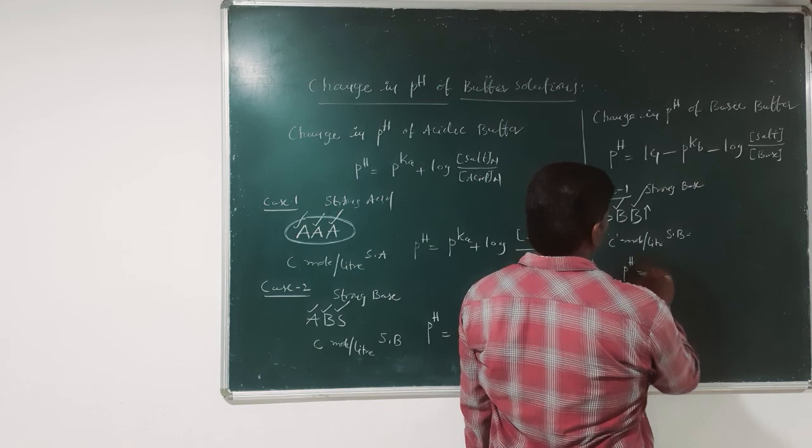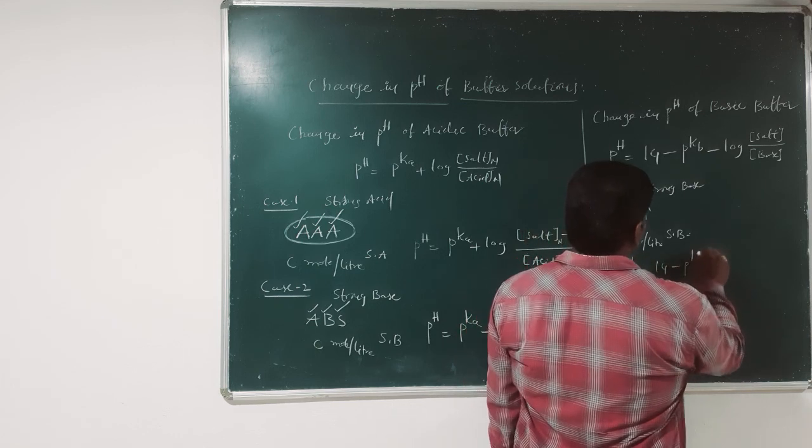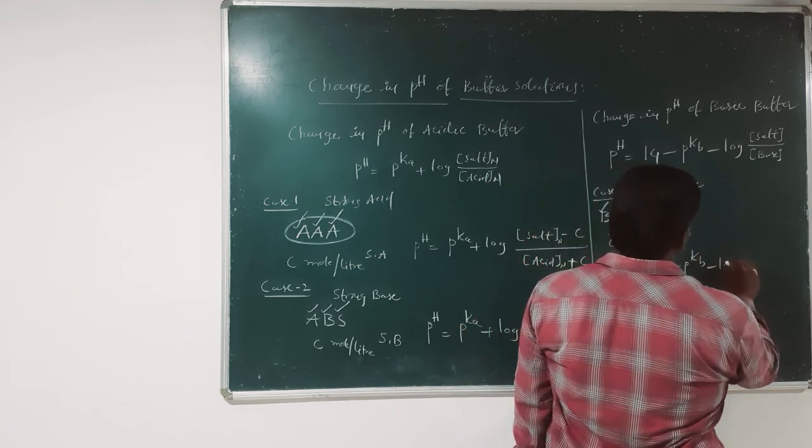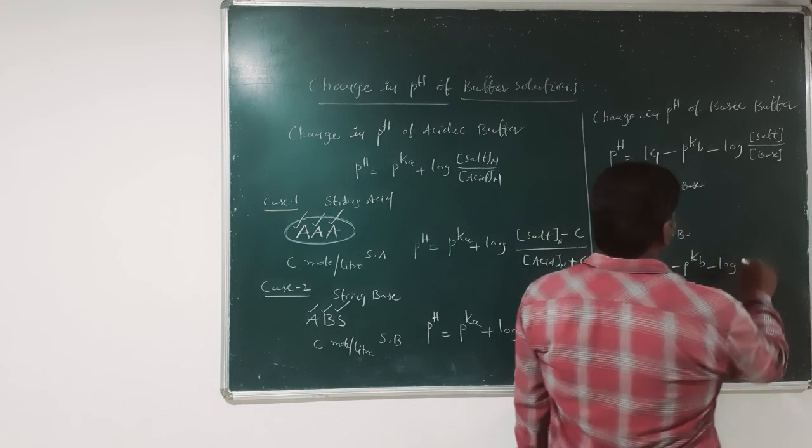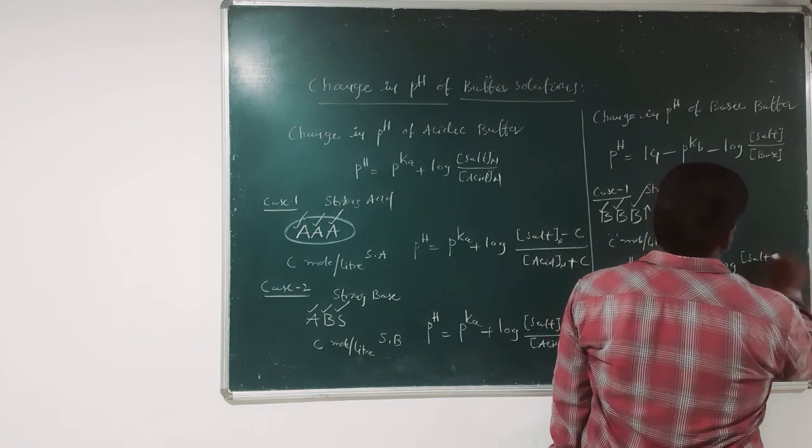pH is equal to 14 minus pKb minus log concentration of salt.